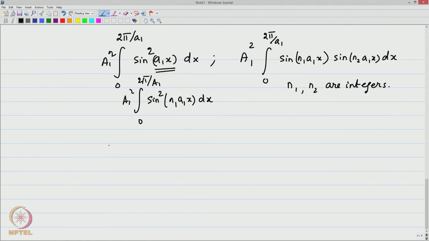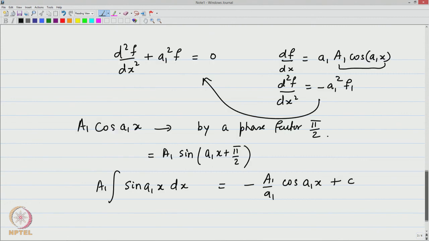It is very easy to see that the integral of the function itself, from 0 to 2 pi by a1 of sine a1 x dx, is 0, that you can verify from the figure here.